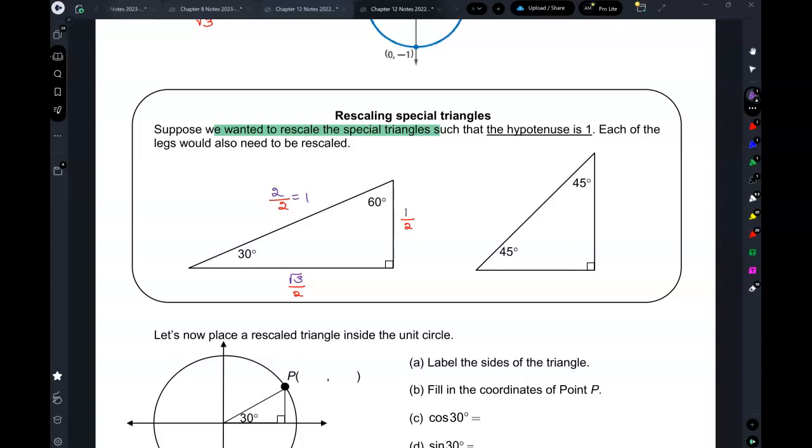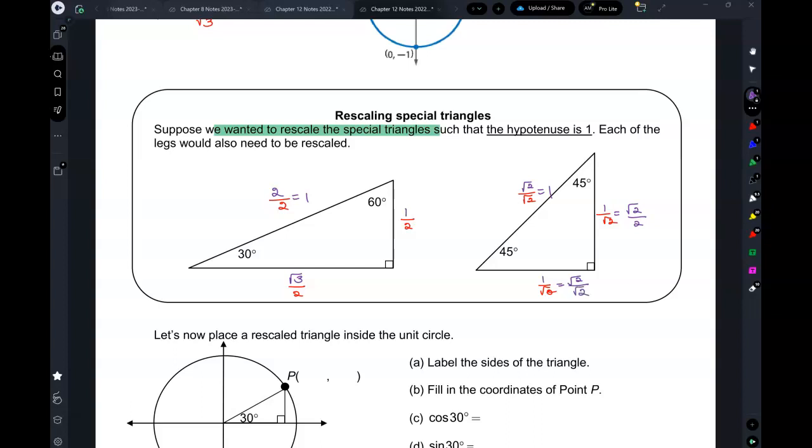Now, in the case of the 45, 45, 90, I have sides of 1, 1, root 2. So what should I divide this by in order to make it 1? Root 2, root 2, root 2. So then the hypotenuse becomes 1, and the legs become root 2 over 2, root 2 over 2.